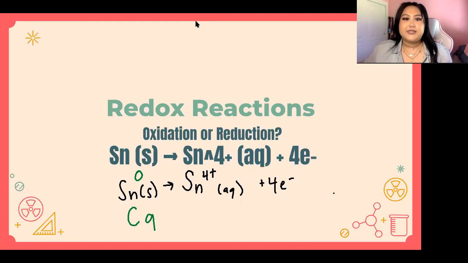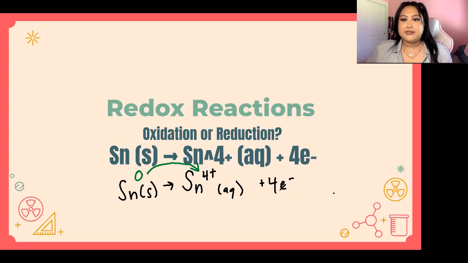But since this is a charge of 0 and it became a positive 4, what does that mean happened? Did it get oxidized or reduced? Yeah, oxidized. Perfect. So it became more positive because it lost an electron, right?